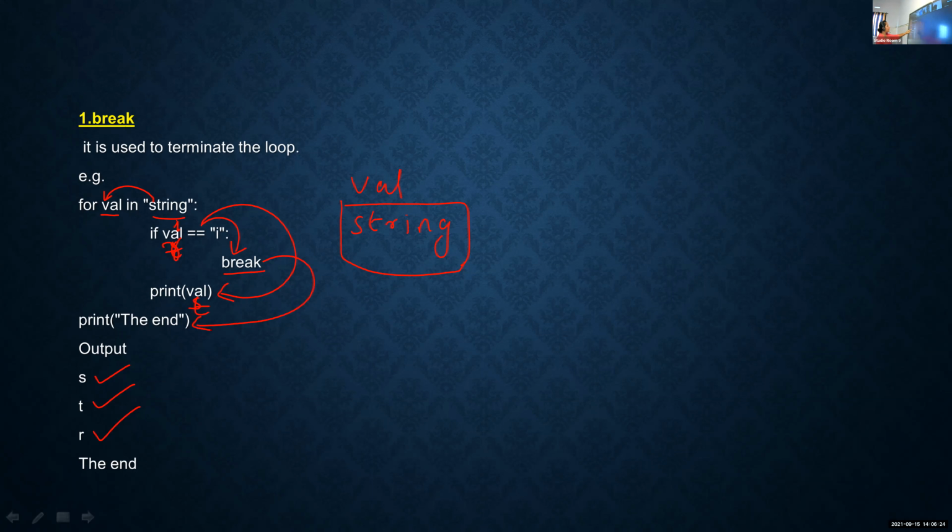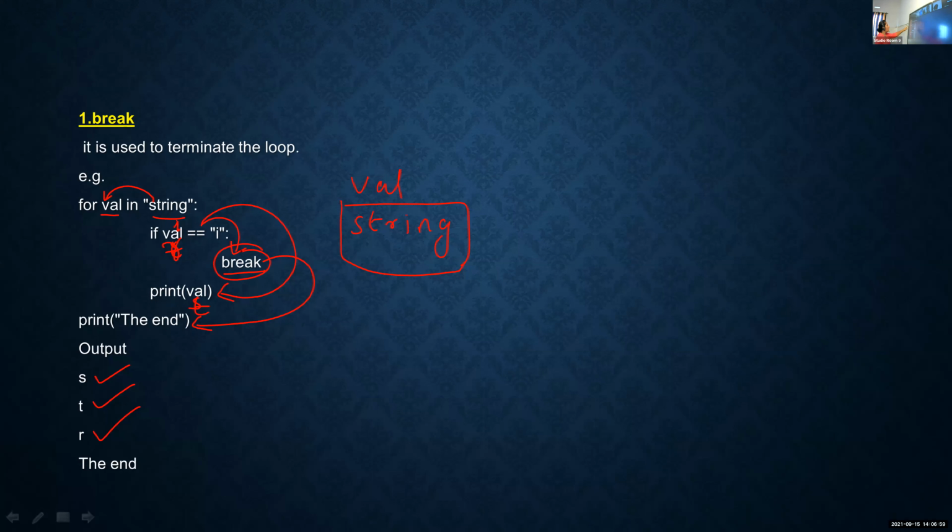For that purpose, we are using this break statement, that is for terminating the loop. When we're writing a program, if you want to terminate the iteration of a loop, then we can use this break statement. If you are not using this break statement, the normal display is first it will print S, then T, then R, then I, then N, then G. This is the iteration procedure.